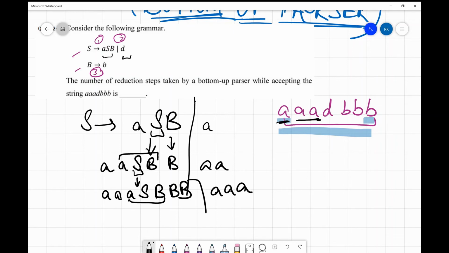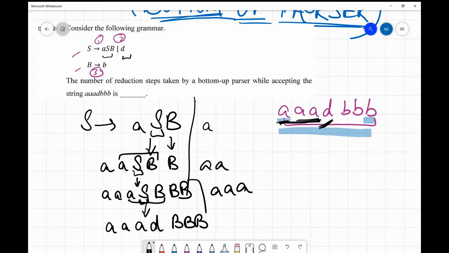Next I have to think about whether I use S with the first rule or the second rule. I do not need any more A's because I required 3 and I have 3 now. So I'll terminate it to D by using the second production, and now I get AADBBB.